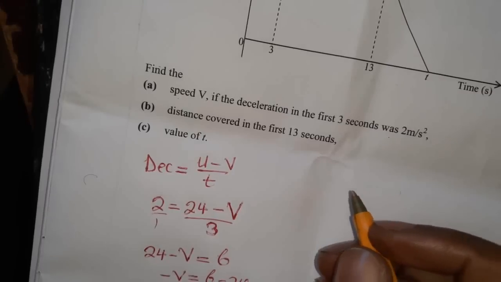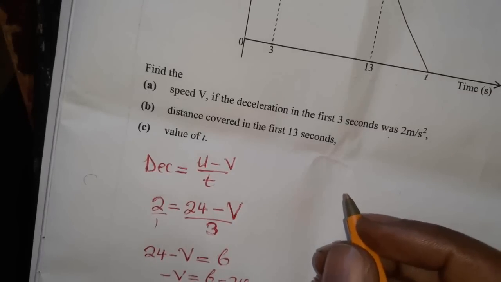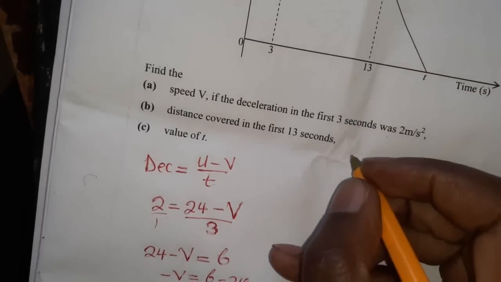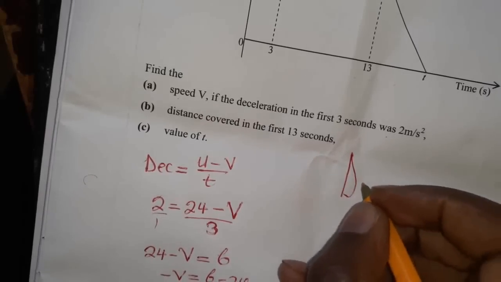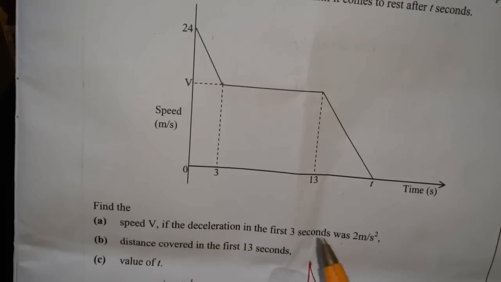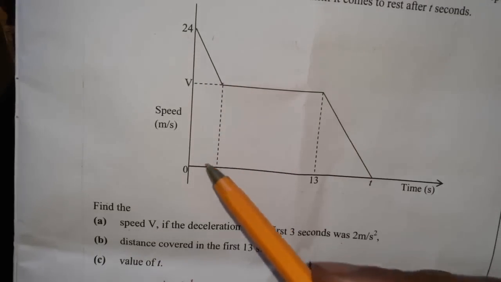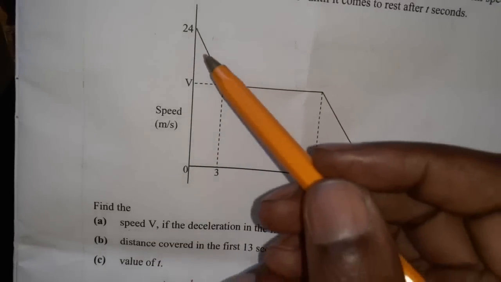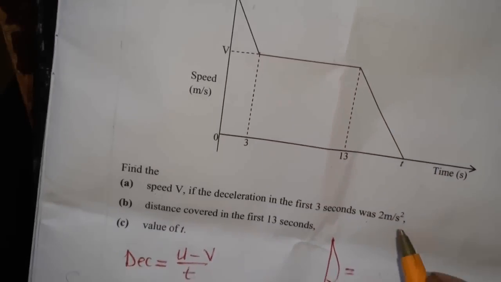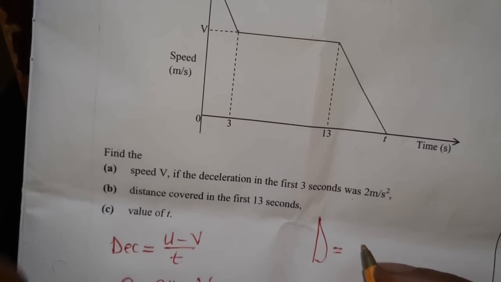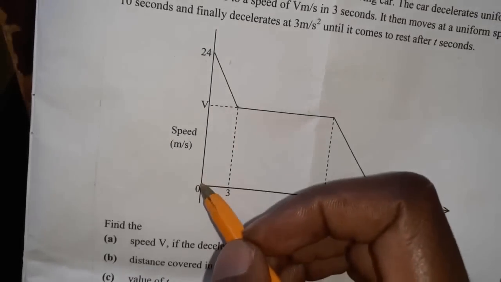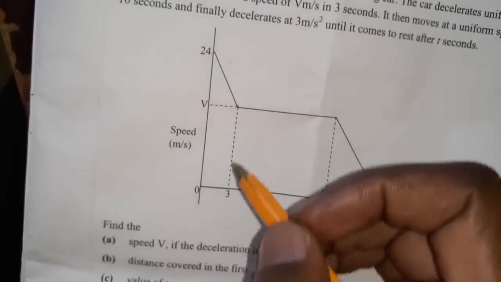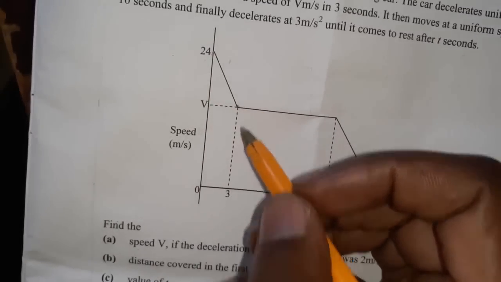So the distance is equal to, we need to find the area of this part as well as the area of this one, the area under this graph. So the first one is like a trapezium here, with these two parallel sides. The first one from here up to there is 24. And the second one we got that V is 18.